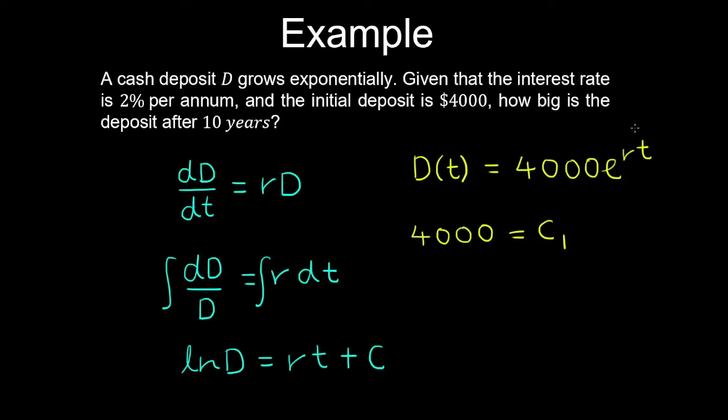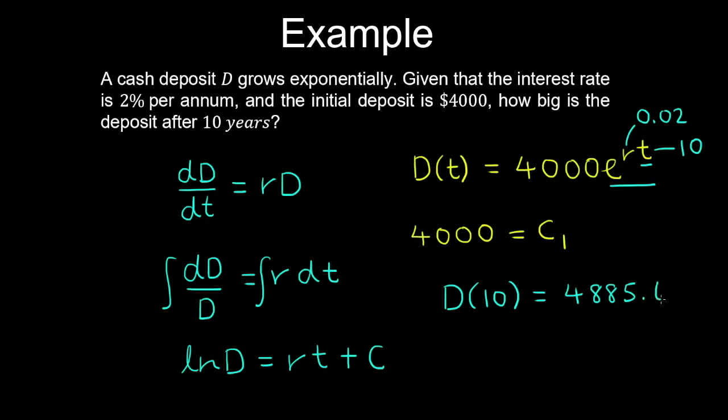So substitute 2%, which is 0.02 per year, multiplied by the time in years, which is 10 years. So therefore this quantity is dimensionless, and therefore D of 10 is equal to $4,885.61.